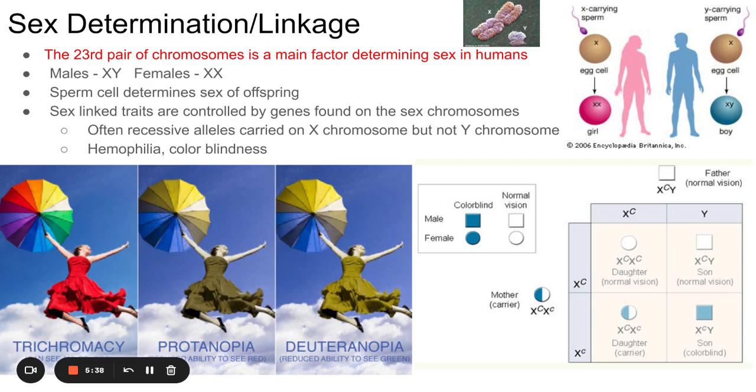There's variation there. Some other sex-linked diseases are hemophilia. When a person's blood doesn't clot properly and they bleed excessively, that's also sex-linked.